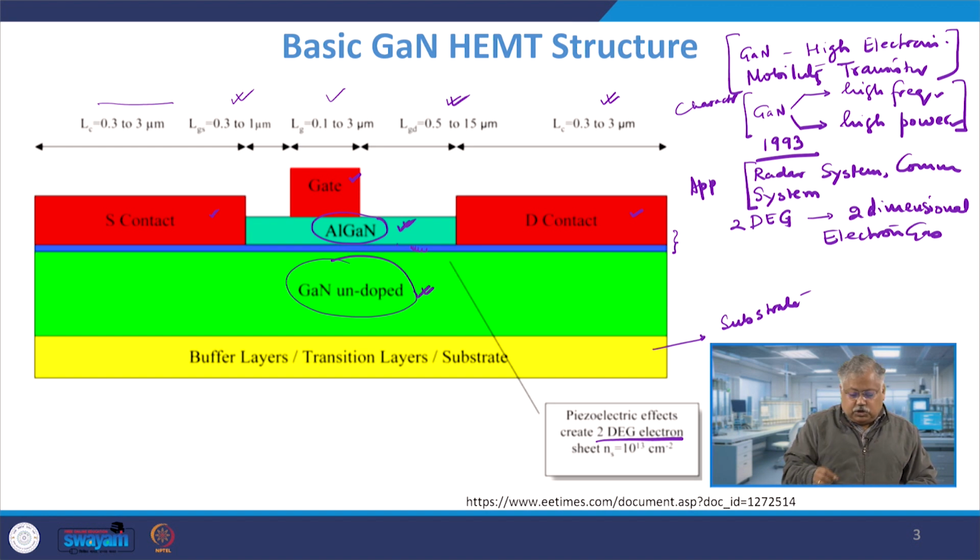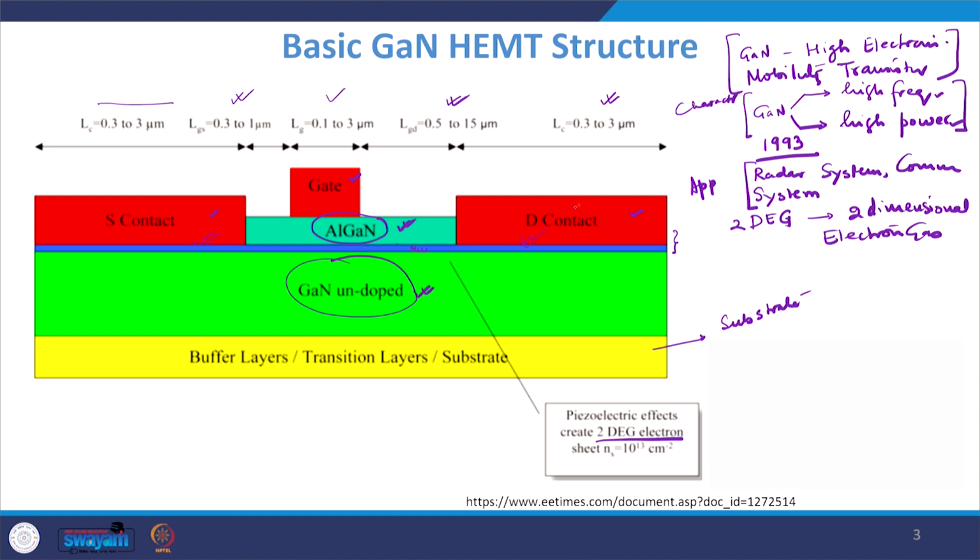We also ensure that these drain contacts and source contacts have fewer traps available, and we do proper annealing techniques to remove those traps, so that the 2D electron gas remains with the very high mobility it typically requires. It will always have a high mobility if the traps are not available at the source and drain contact regions of operation. In these two regions, we do not want any heavy traps to be developed.